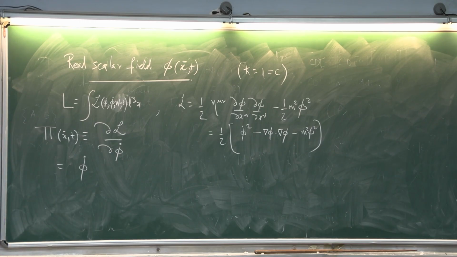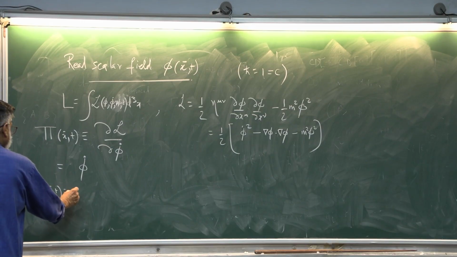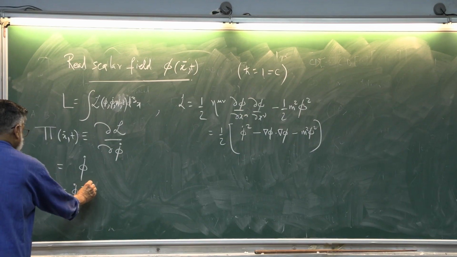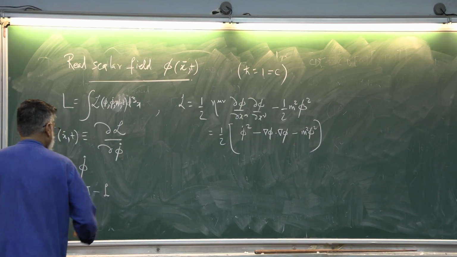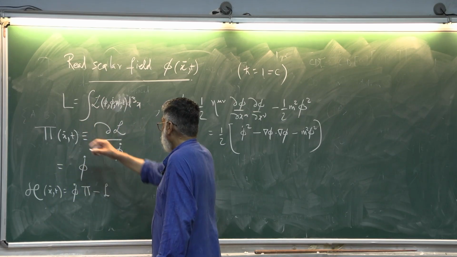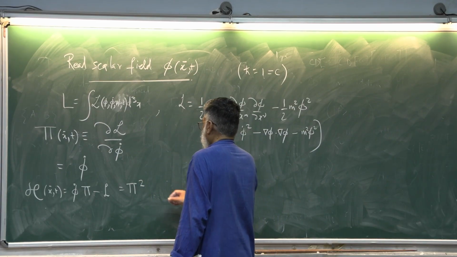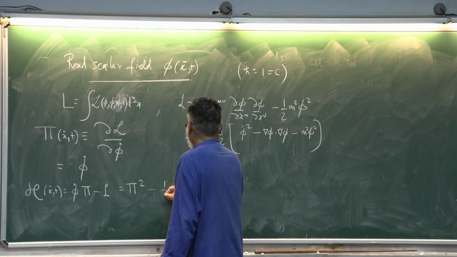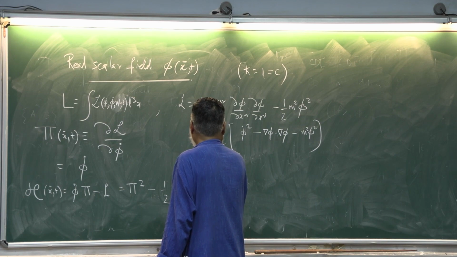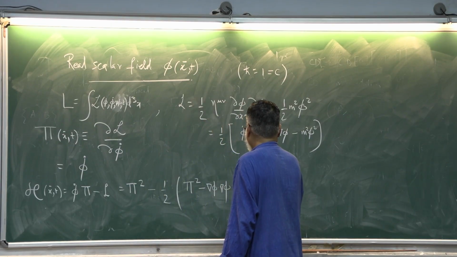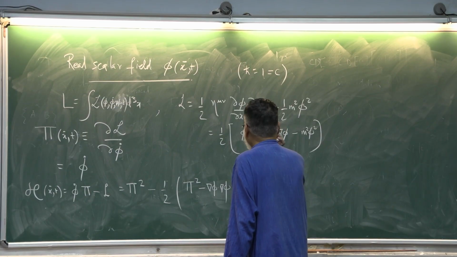Is that clear? And hence my Hamiltonian density, just like in classical mechanics, by definition is phi dot, the canonical momentum density pi, minus L, which is, since phi dot is pi itself, pi square, minus half pi square, and so on.